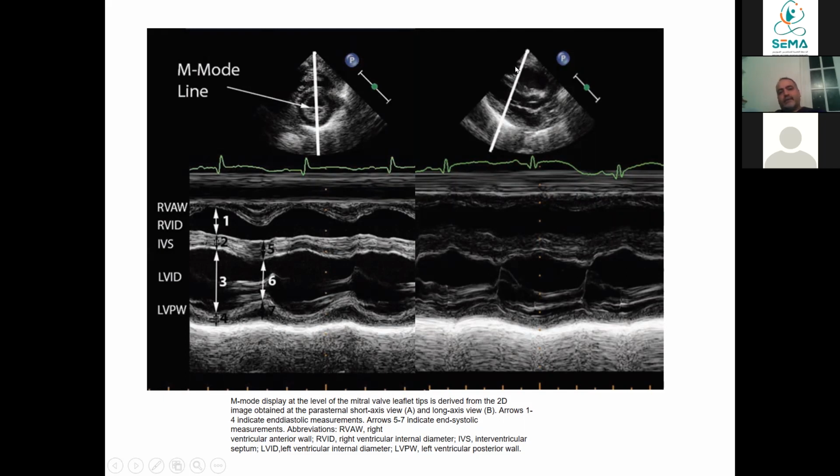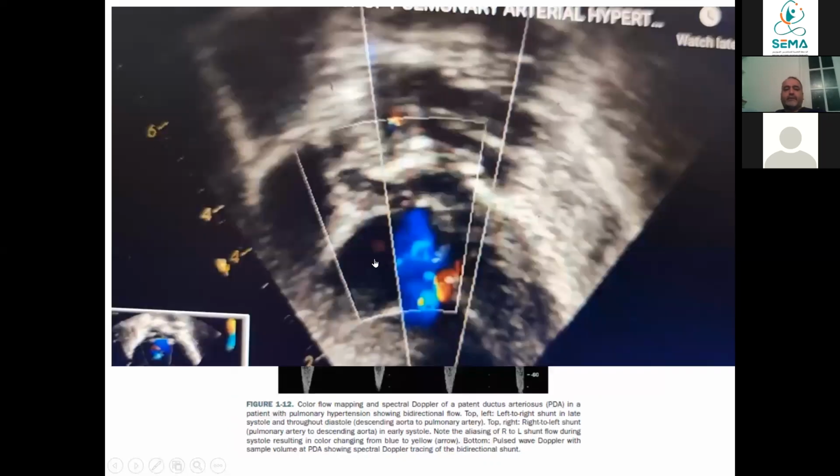This is the cursor. What's a cursor? From the right ventricle to the IVS, and to the mitral, and it will give this view, or from short axis, optimize this one, it will give it, but no difference.